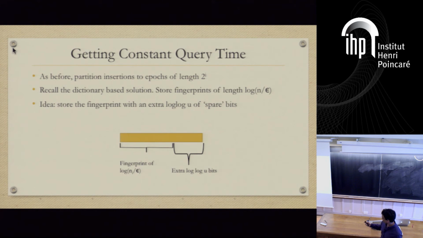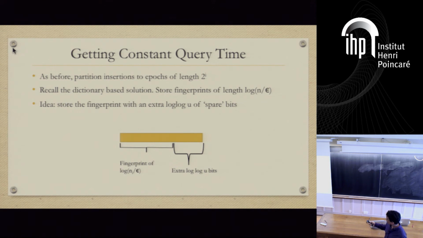But the trick here is that we have a fingerprint of size log n over epsilon, or log n_i, because that's the size of the current epoch. But we will, in fact, cheat a little bit, and we will have larger signatures. We'll have log log n bits more on this signature. And I will explain why we are throwing in these extra bits.